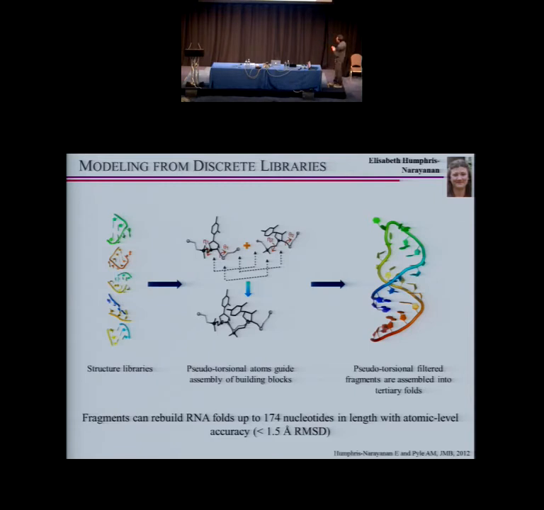Using such libraries, starting from a given new RNA sequence, she can predict the three-dimensional structure of that particular fragment. And what she obtained, recently published, is that she can correctly rebuild fragments of even up to 174 nucleotides in length with a very good accuracy of less than 1.5 angstrom in RMSD.